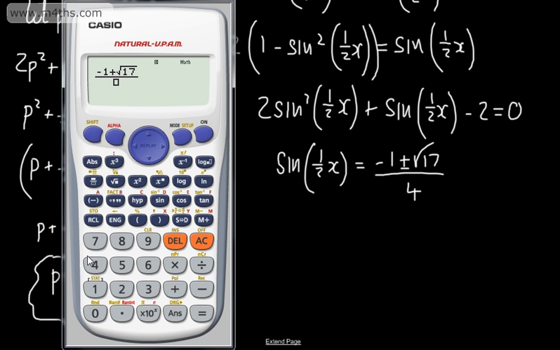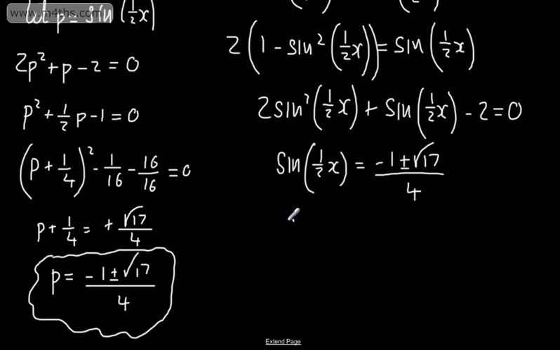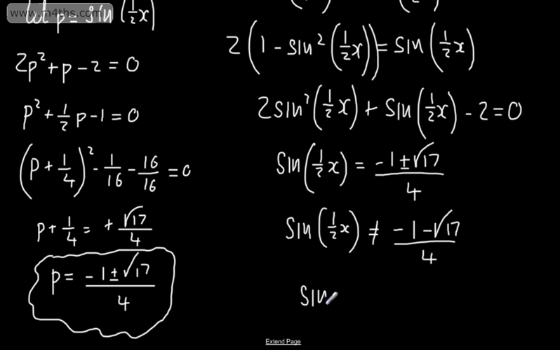That's going to give me -1.28 and so on and so forth. So what we can say then is sine of 1/2 x cannot be equal to -1 minus root 17 over 4.